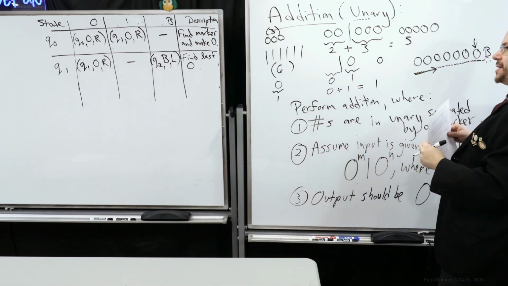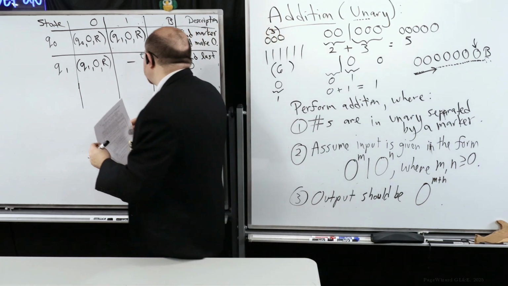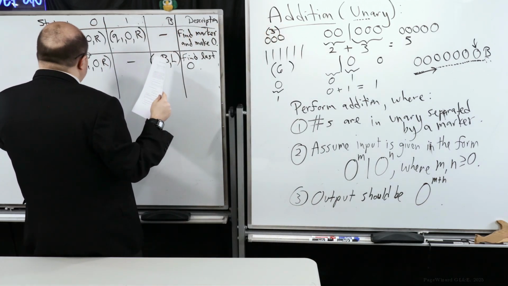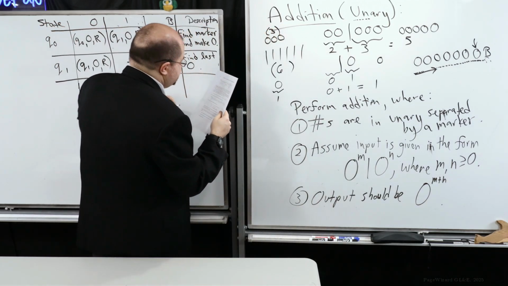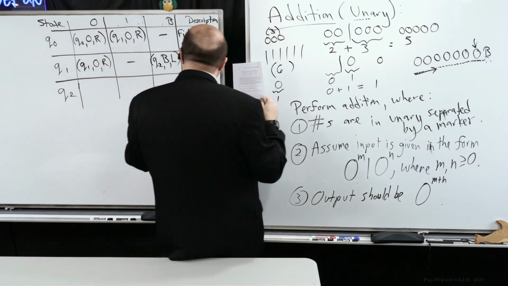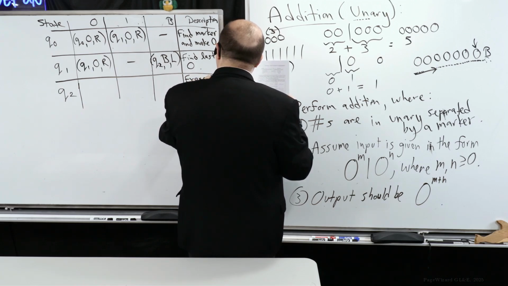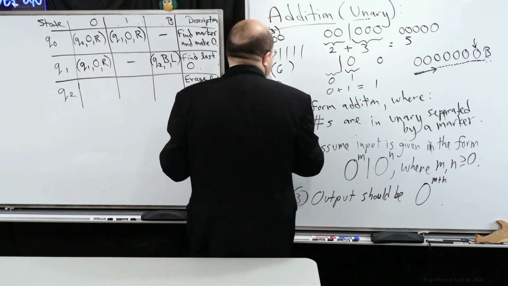And if we do that, that will land us where we inserted a 0. But we're not quite done yet, right? We have to actually erase the last 0. Let's erase the last 0.